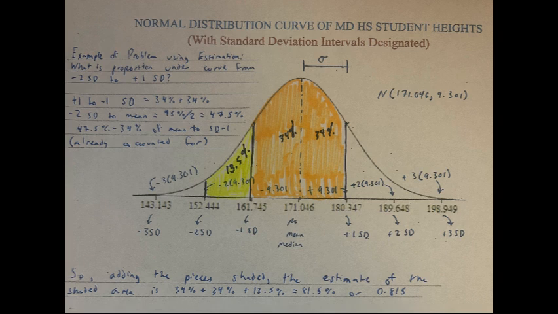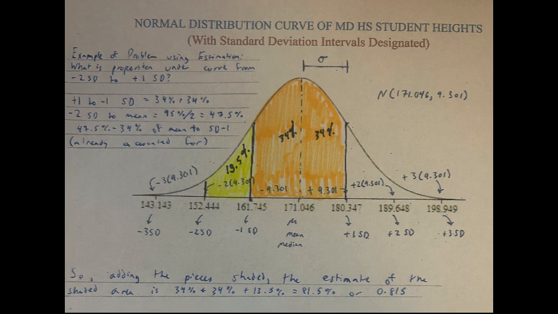The percentage value from -1 to +1 standard deviation is shaded, and that is 68% of the area under the curve. The area under the curve from the mean to -2 is half of 95, or 47.5. Since we already have accounted for 34% of that amount by figuring out mean to -1 SD at 34%, subtract that 34% from the distance between the mean and the -2.